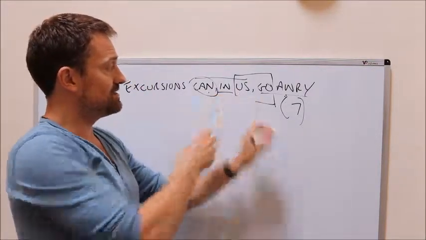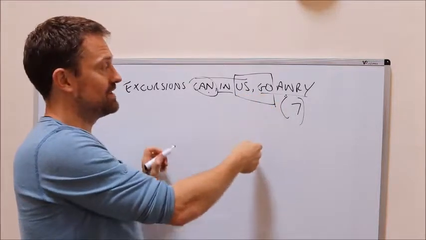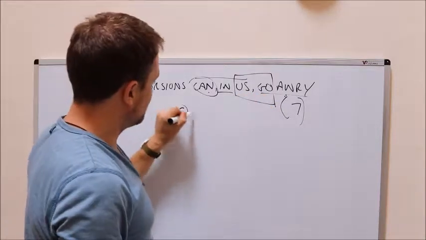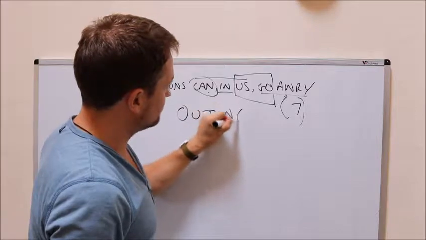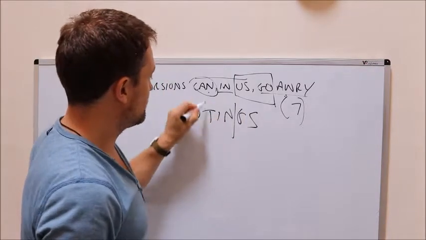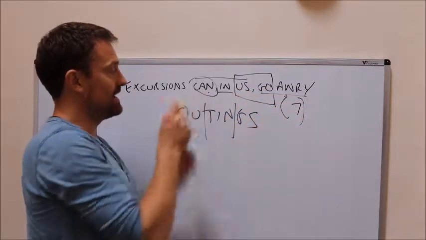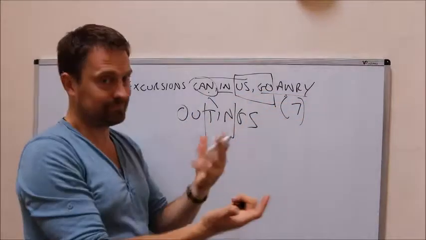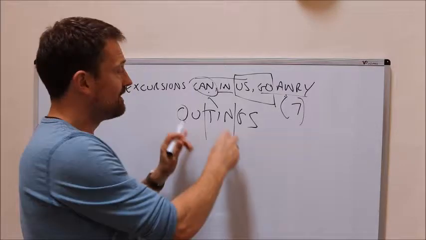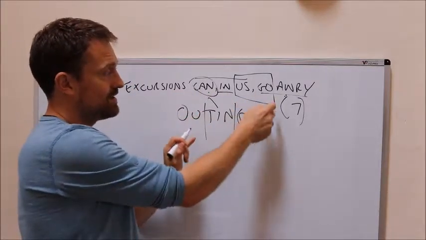Because this is in this, you know that these 4 letters are around the outside, and you end up with outings. US and go awry, with can, tin can, like a tin of beans, can within US and go awry.